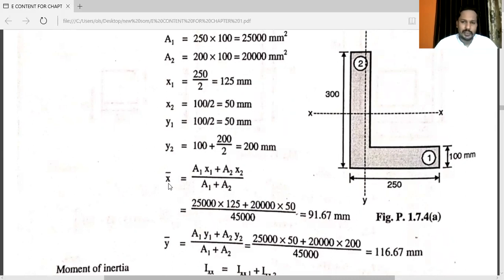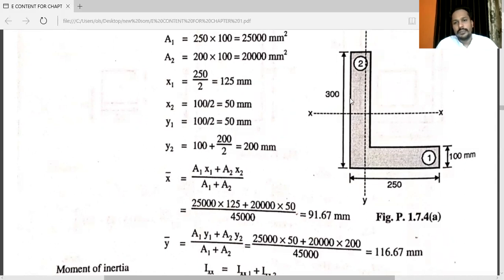X bar is nothing but distance from y-axis. So see, this is the intersecting point of x bar and y bar. So horizontal distance from y-axis means, see this cursor, the distance between these two vertical lines.